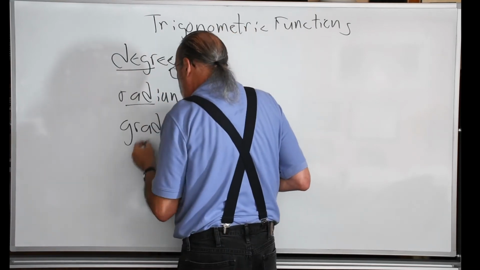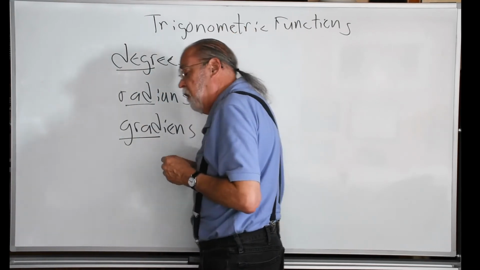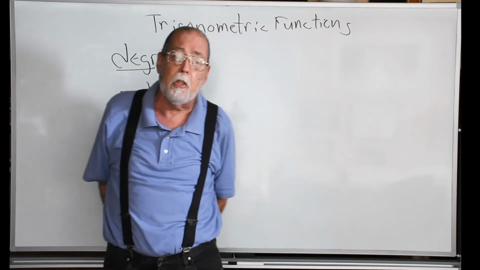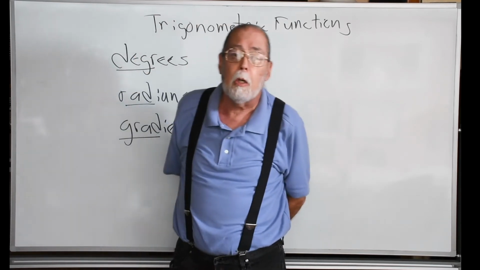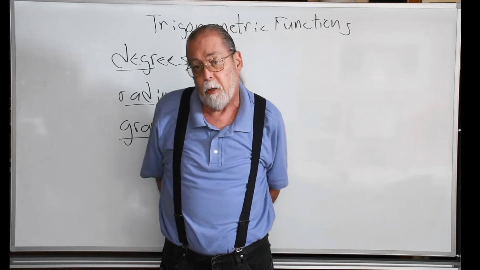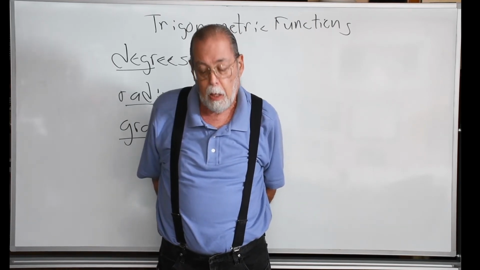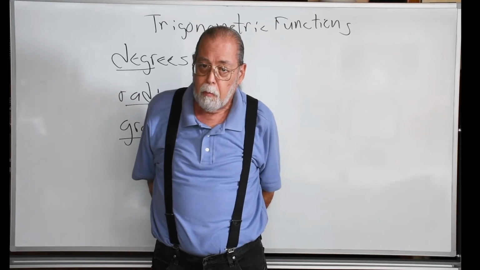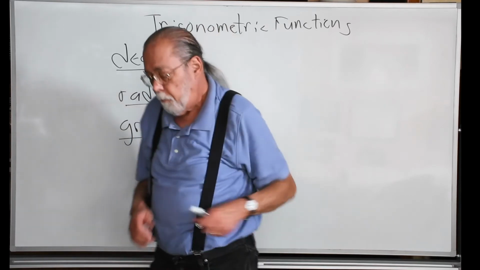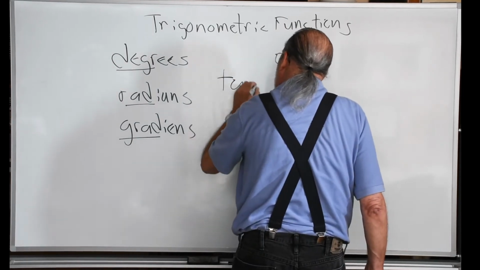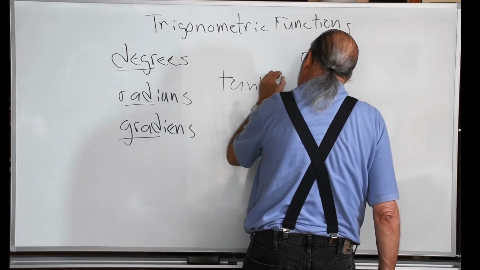Before you do any calculations involving sine, cosine, tangent, and any trigonometric functions, you have to be sure that your calculator is in the intended mode. One way to check, just to be sure, is to take the tangent of 45 degrees.